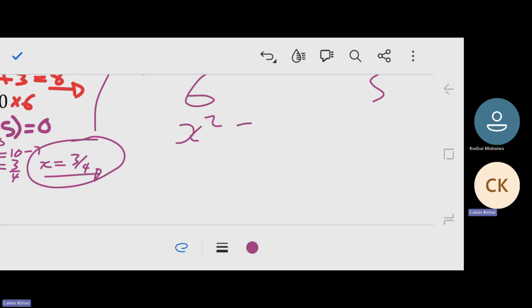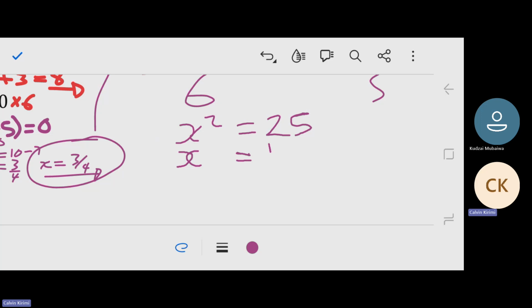So x squared is equal to 25. X is equal to 5.